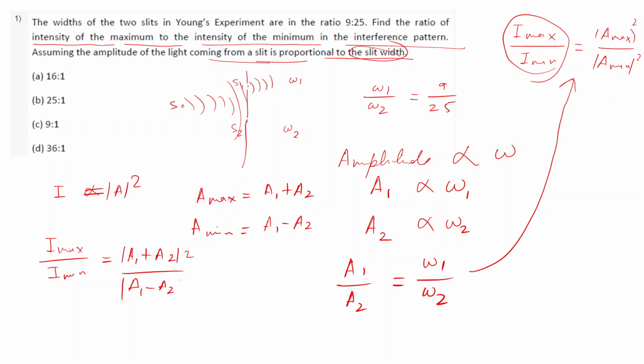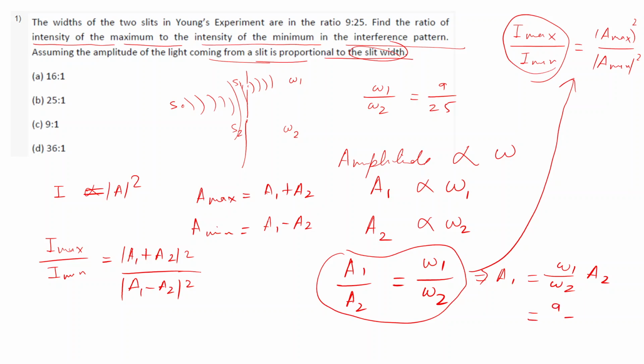Now how will we get A1 and A2? From this relation you can see A1 is W1 divided by W2 times A2, and we have been given this W1 W2 ratio, so I can directly insert it here, 9 by 25 times A2.